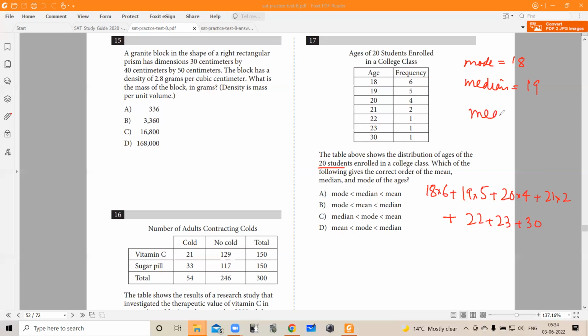So 30 plus 23 plus 22 plus 42 plus 80 plus 95 plus 108. That's 20.